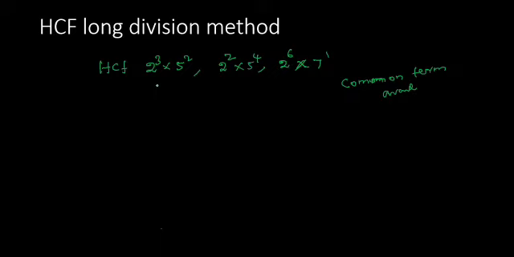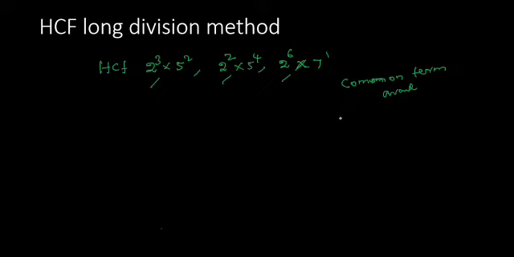What is the term which is available common to all of these? 2 is available. So, 2 is actually common to all of these. Now, apart from 2, there is not anything called as common. 5 is available in 2 terms, but in the third term it is unavailable. Now, out of these common terms, you take the minimum value here.